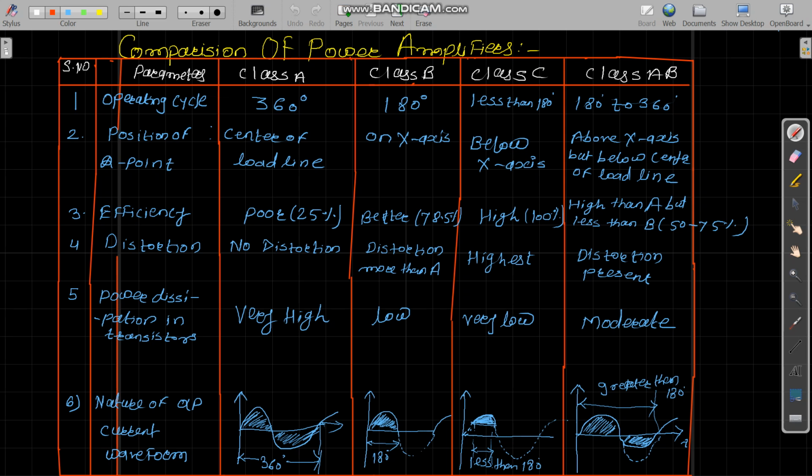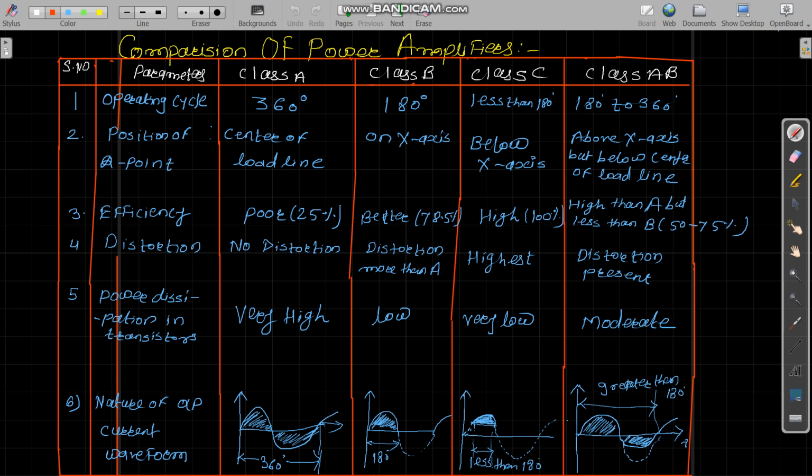So we can understand that the output is obtained only for less than 180 degrees. In this complete cycle, only this portion is hatched. That means the output will be produced for only this part of the signal, and for the rest of the signal there won't be any output. Therefore, we say that power dissipation is very low, distortion is the highest, and the efficiency of class C is quite large compared to the rest of the types of power amplifiers.